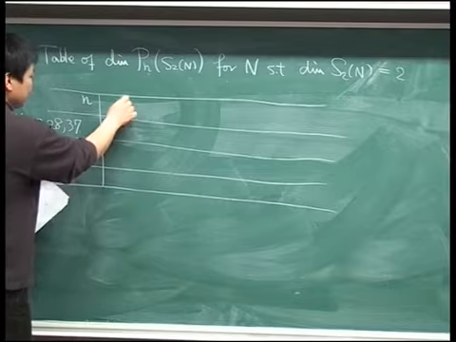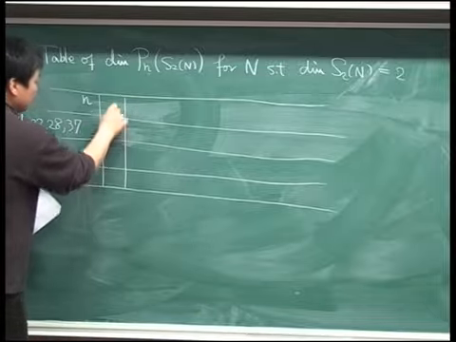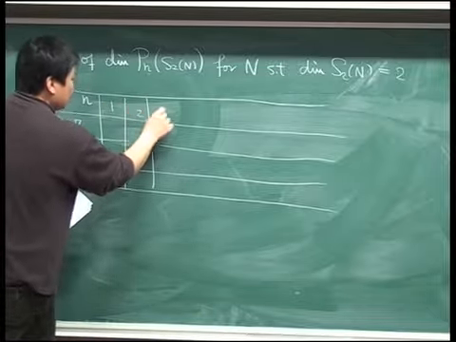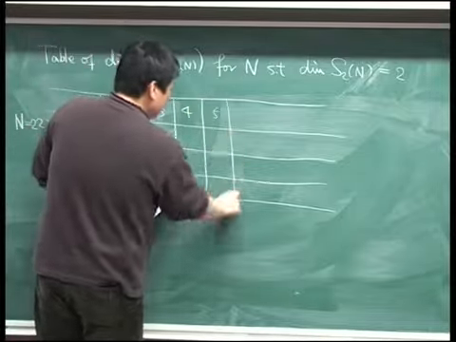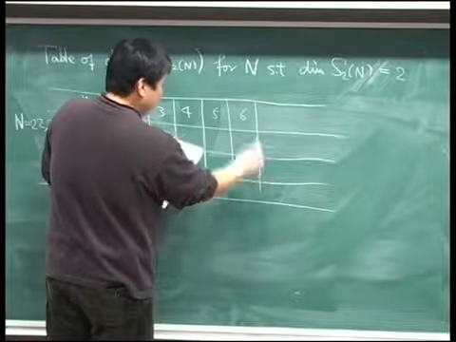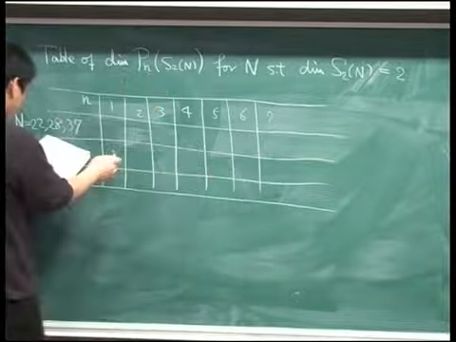In this case, the dimension of the period space becomes this way: 1, 2, 3, 4, 5, 6, I couldn't compute here, 7.